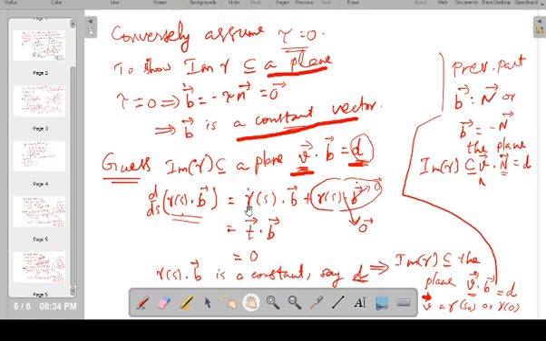And gamma dot is t. So this becomes t inner product b. But t and b are mutually orthogonal. So t dot b equal to 0. So the derivative of this is equal to 0. That means this is a constant. Gamma of s inner product with b is a constant, and let that constant be d.